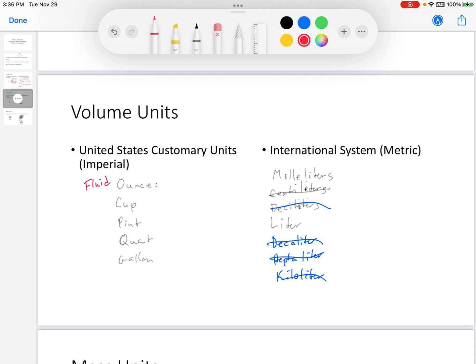Oil is lighter, mercury is heavier, different fluids weigh different amounts. So fluid ounce, something that might be 1 fluid ounce is just a, oh, I don't want to use that reference. How about the amount of water in a small puddle?